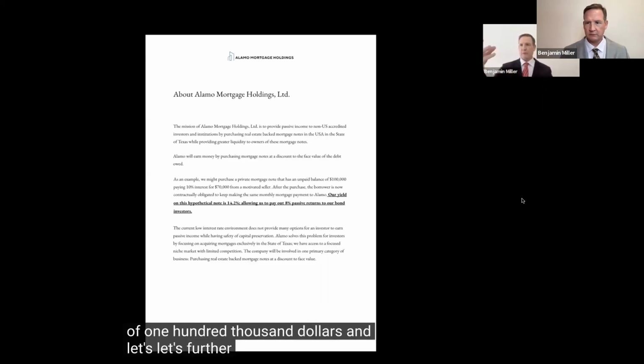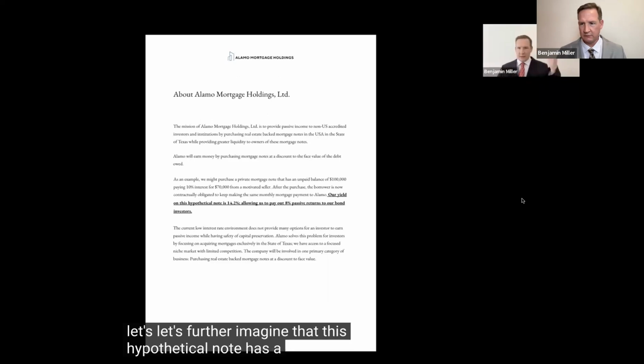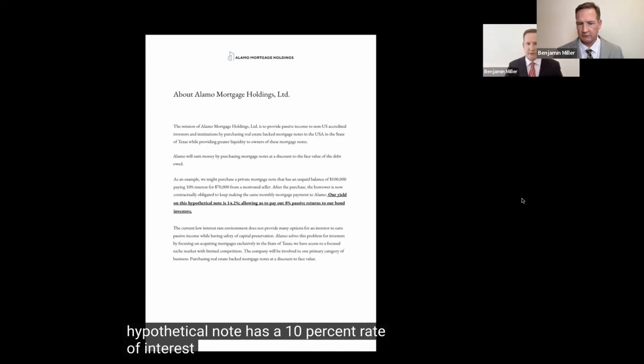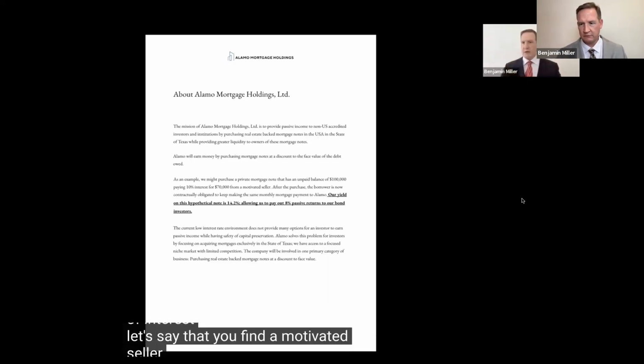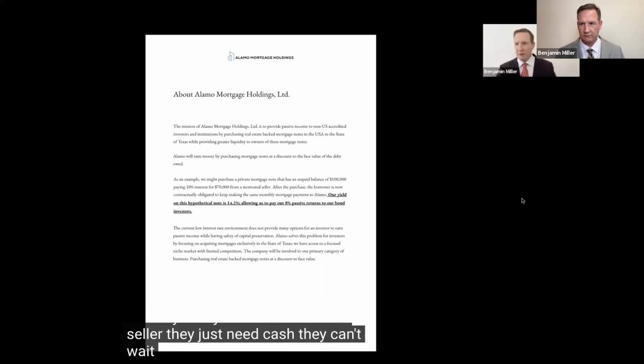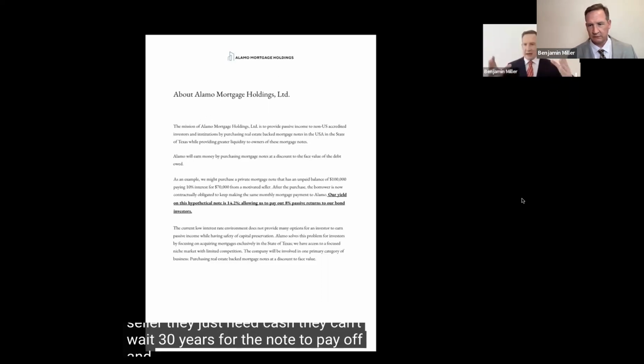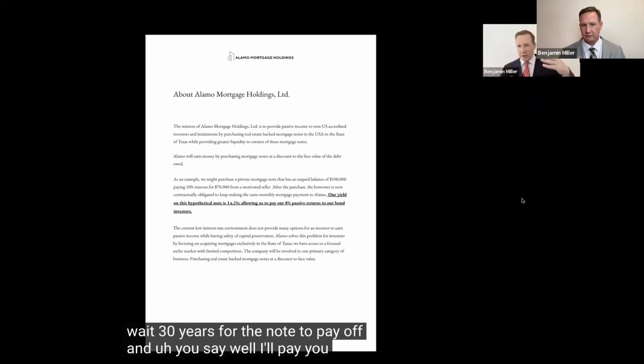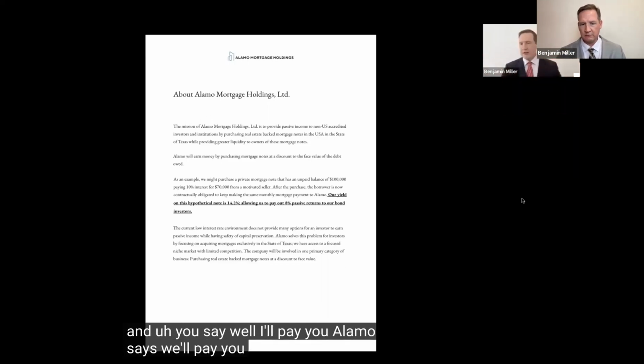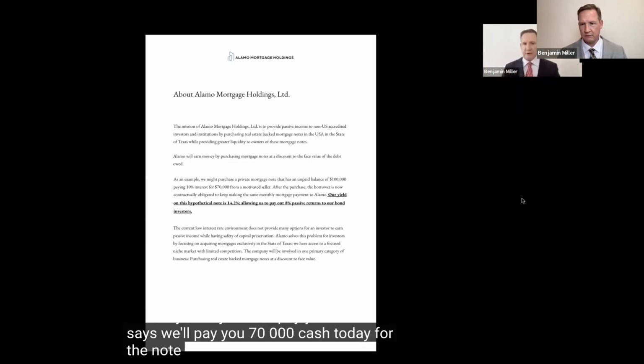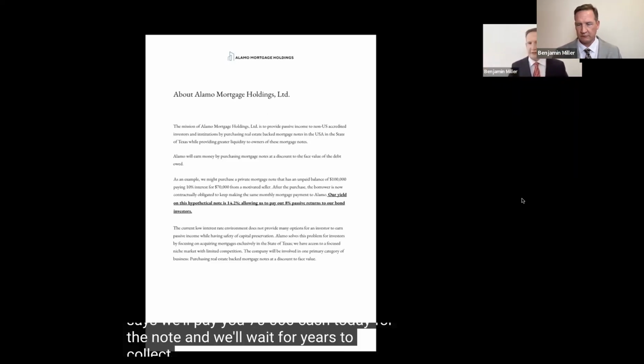And let's further imagine that this hypothetical note has a 10% rate of interest. Let's say that you find a motivated seller, they just need cash, they can't wait 30 years for the note to pay off. And Alamo says, we'll pay you $70,000 cash today for the note, and we'll wait for years to collect the payments.